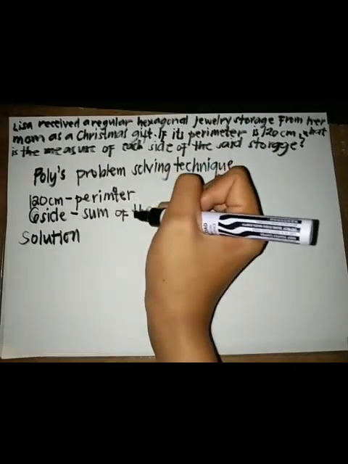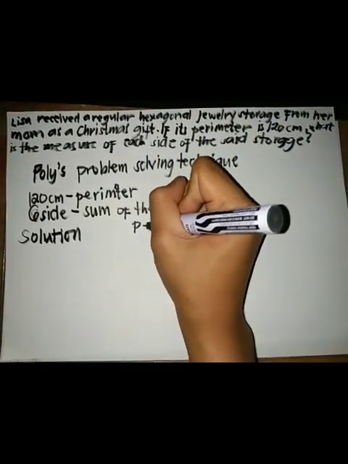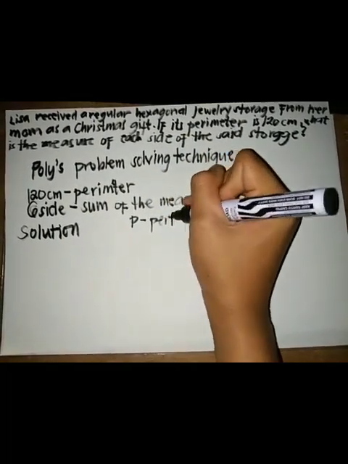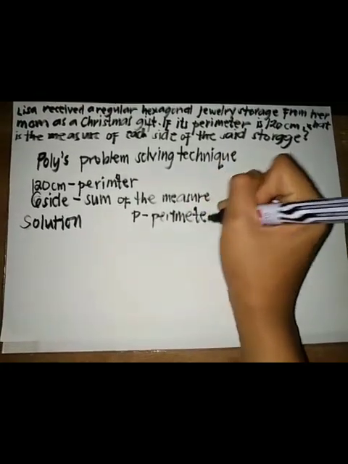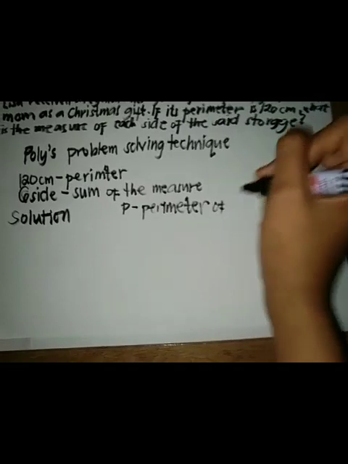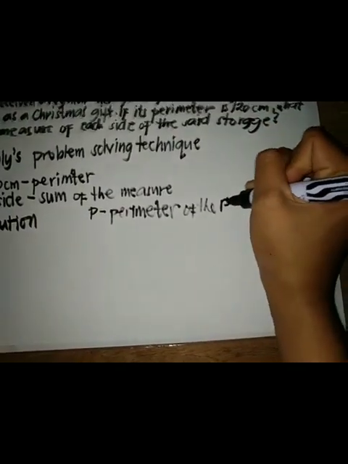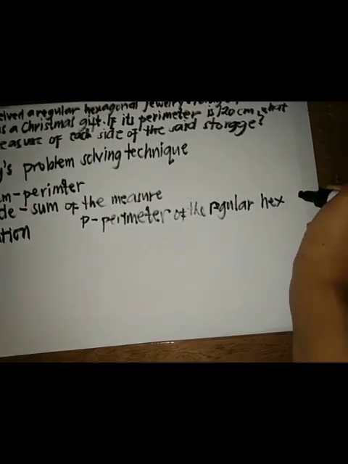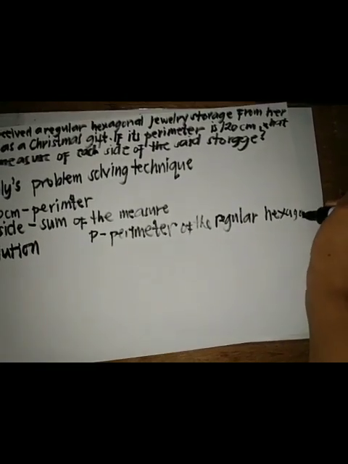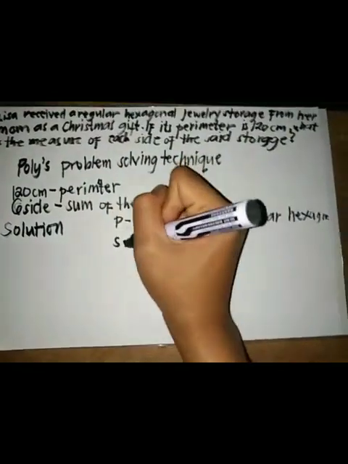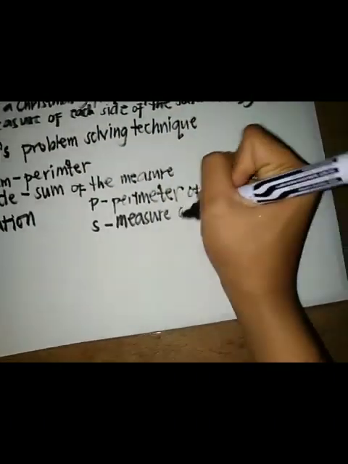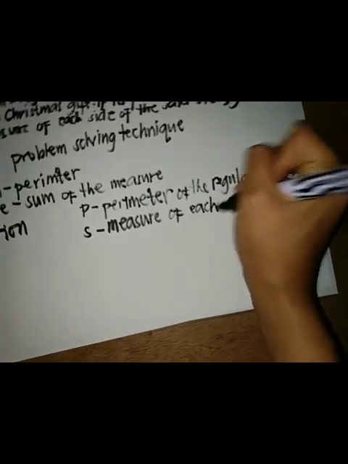Let P be the perimeter of the regular hexagon, and S the measure of each side.